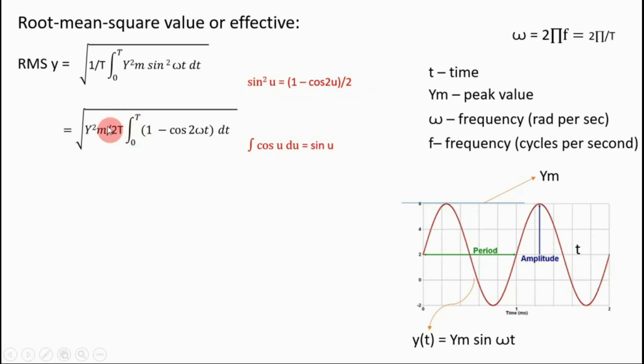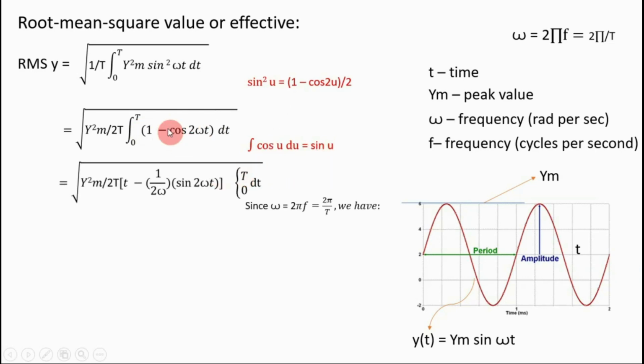So you place that on the left side of the integral sign, and then you start integrating 1 minus cosine twice omega t. Integration of 1 dt is t, and when you integrate this one, you know that the integration of cosine u du is sine u. So you introduce it here, and then you find this one.